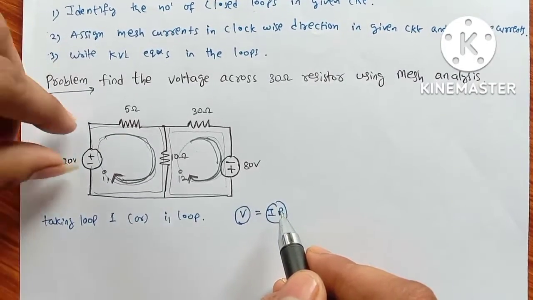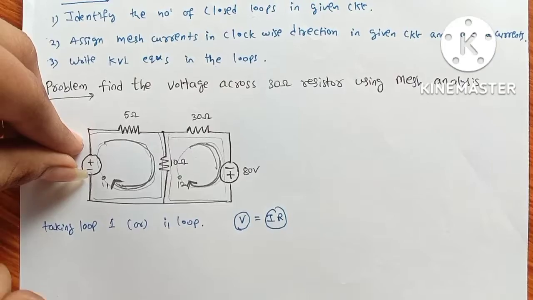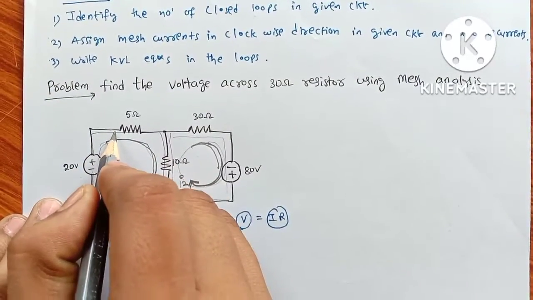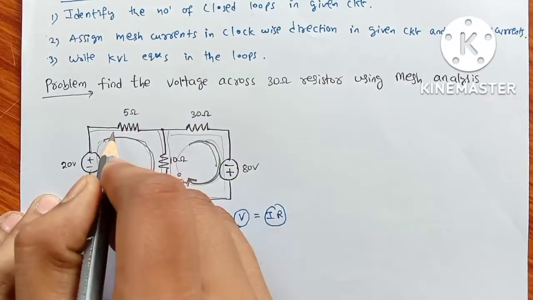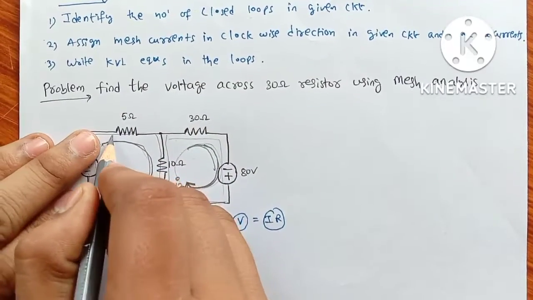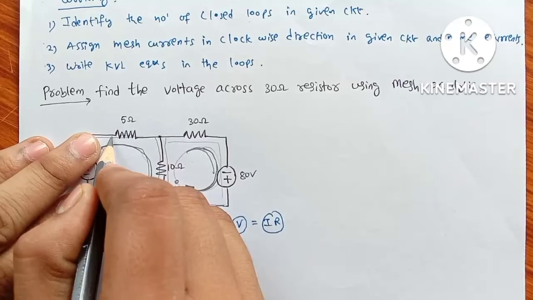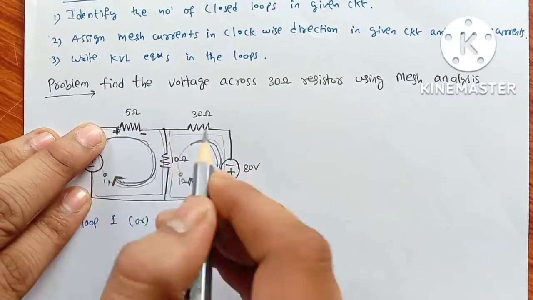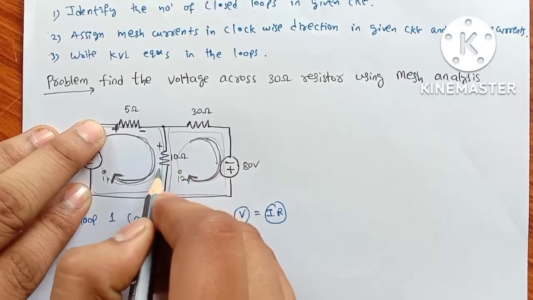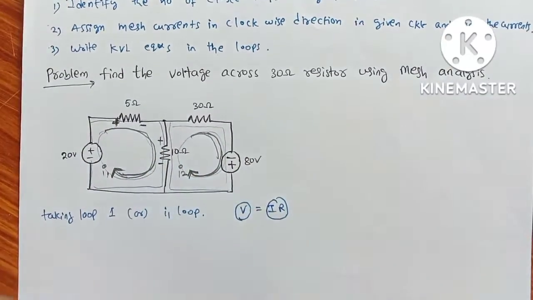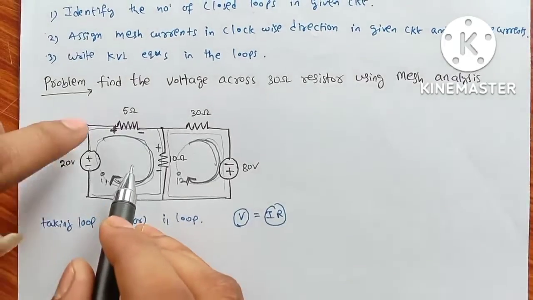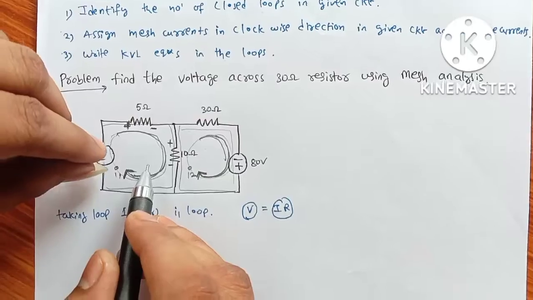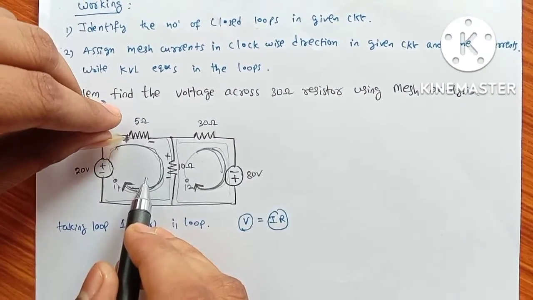So while considering this, in the current flow direction, assign terminals: positive terminal, negative terminal, positive terminal, negative terminal. While writing the equation, we should check which terminal the I1 current passes first.